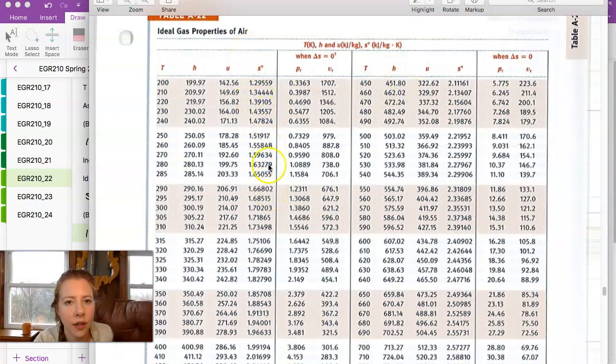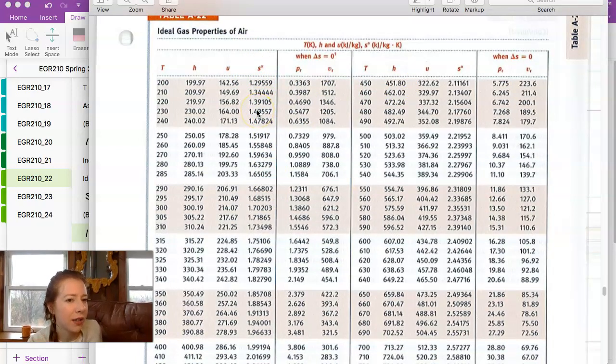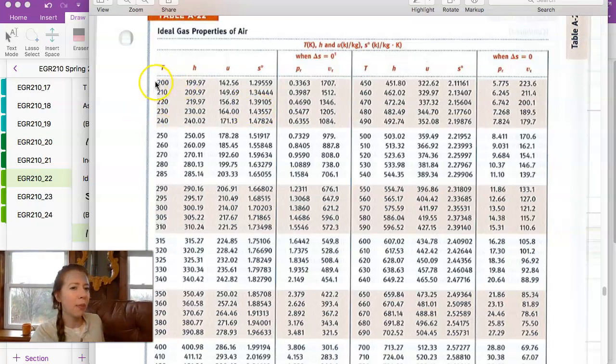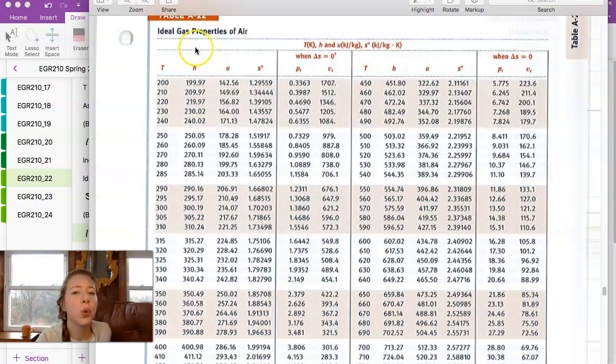So that's this column right here, because it's comparing it at this final temperature to some reference temperature. And it doesn't really matter what that reference temperature is, because it's the same for everything in this table, and you're taking the difference between the entropy at these endpoints. So that reference temperature ends up canceling itself out when you take the difference.